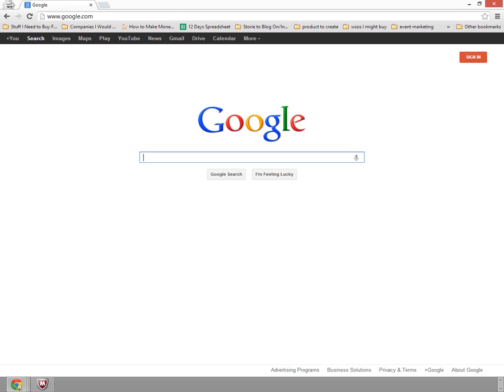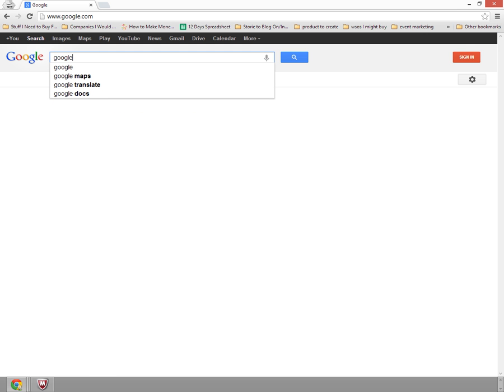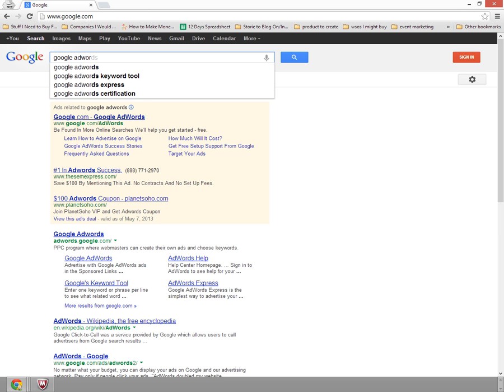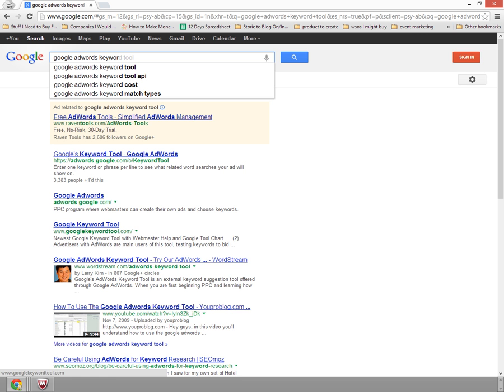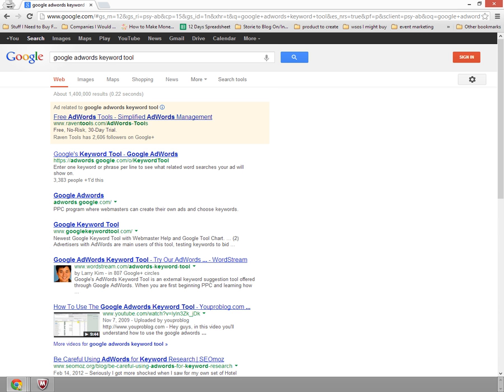The first keyword tool we're going to look at is the Google AdWords keyword tool. You'll see it come up if you have Google Suggest. And we're going to click search.